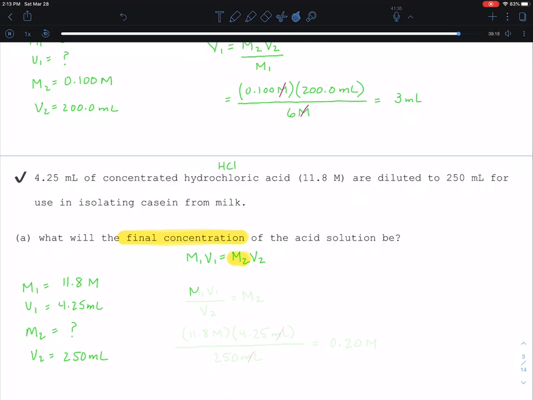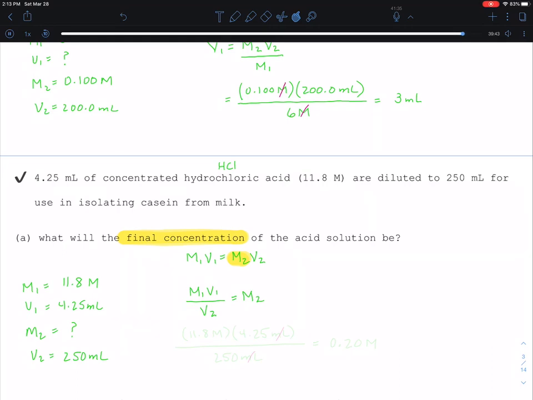So M1 V1 divided by V2 is going to be equal to M2, right? We divide both sides by the final volume. It's going to go away on the right, and we'll have M1 V1 divided by V2 on the left. And then I have my final concentration all by itself.